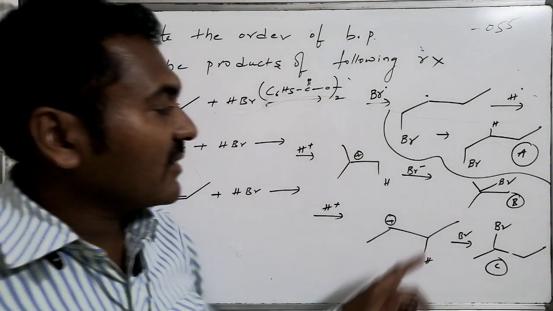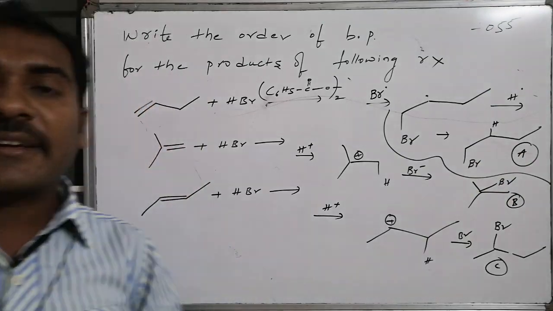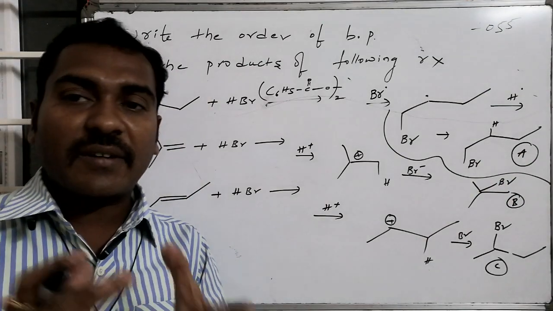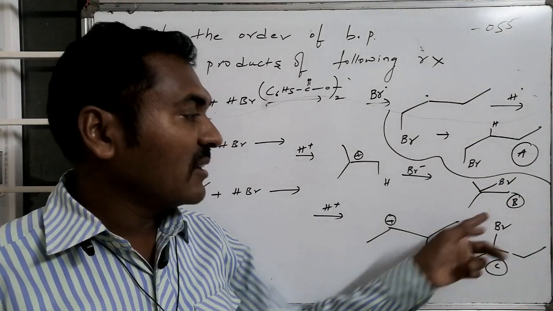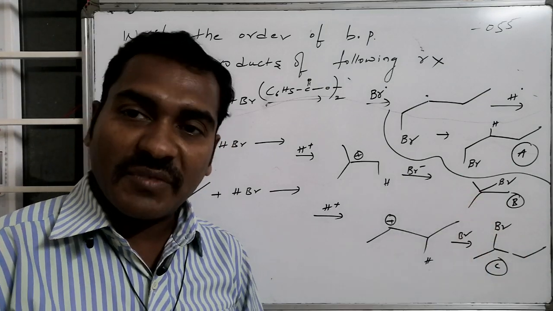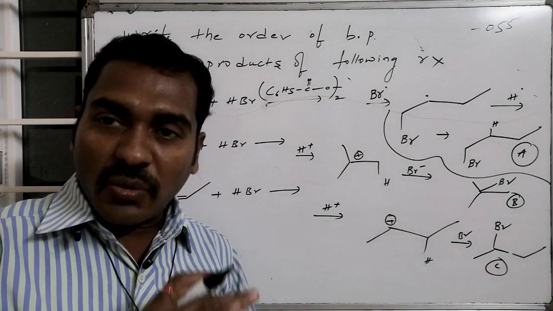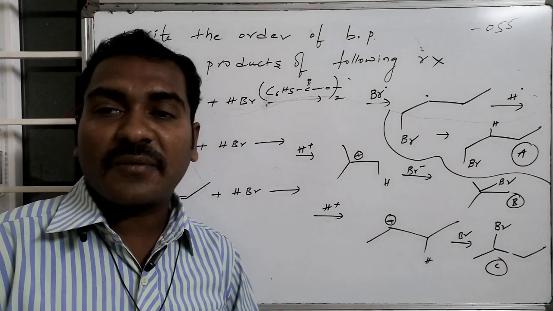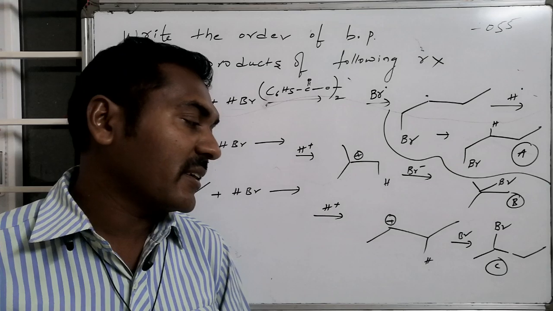Compound A is a linear chain of 4 carbon atoms containing a primary bromine at one end. B is also 4 carbon atoms, but connected to the tertiary carbon with the bromine, and C is a linear 4 carbon combination in which bromine is connected to the secondary carbon.